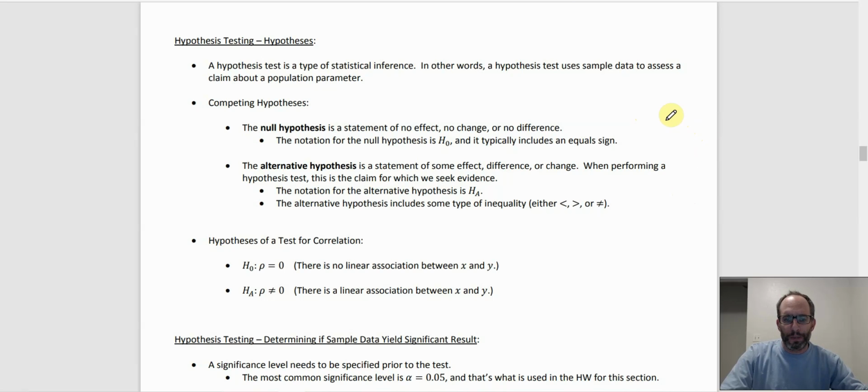The null hypothesis, and if you think about null being like zero, that's a statement of no change, no effect, no difference, right? Zero change, zero effect, zero difference. Null, zero, right? And the notation is an H for hypothesis with a subscripted 0 for null, which is usually pronounced as H null or H sub 0.